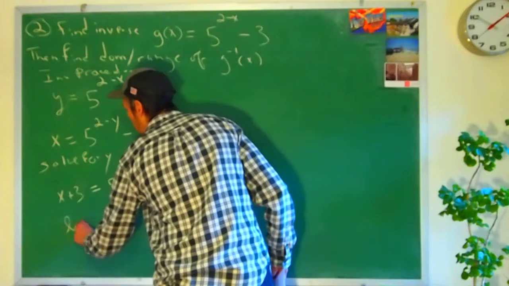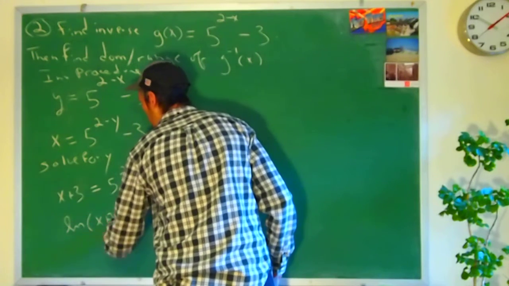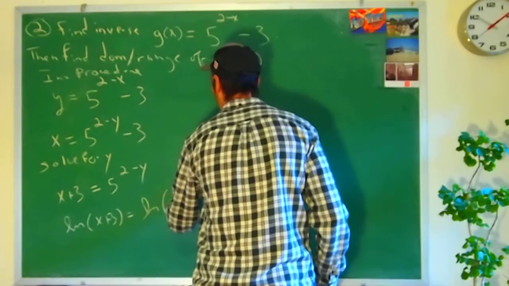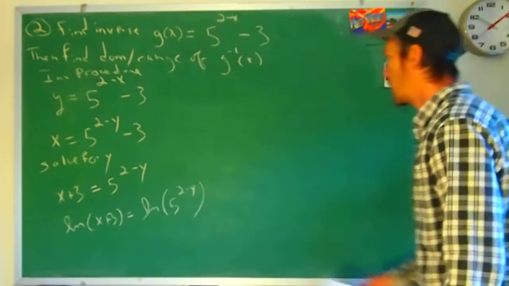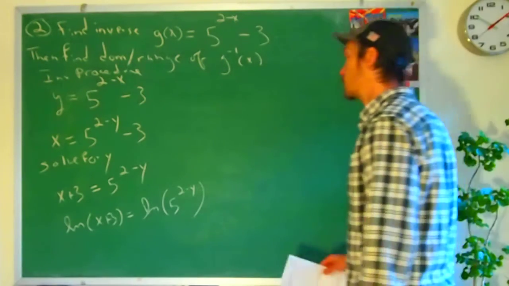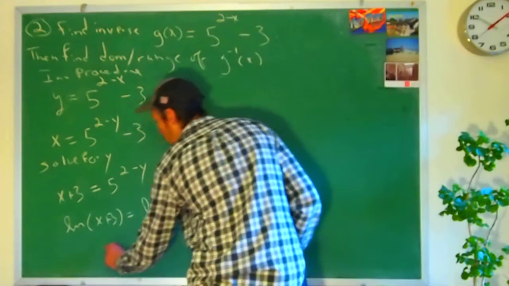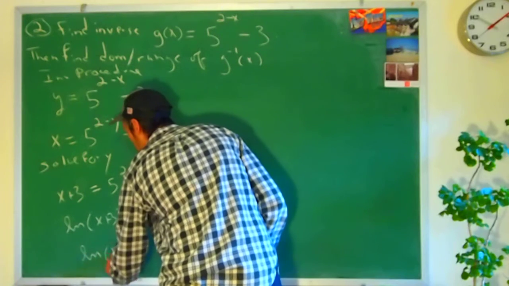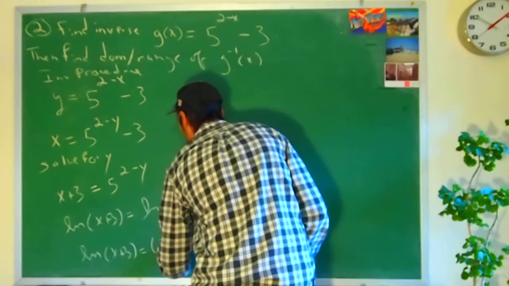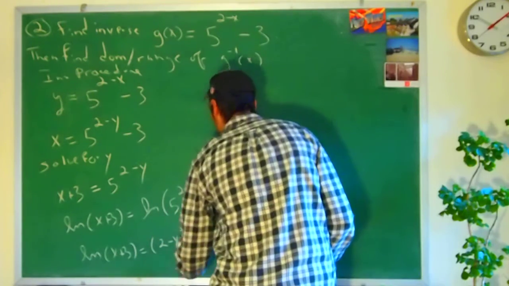So we'll have ln of x plus 3 equals ln of all this, 5 to the 2 minus y. And then we can use the power property to bring down that whole variable 2 minus y. So that will be ln of x plus 3 equals 2 minus y times ln of 5.